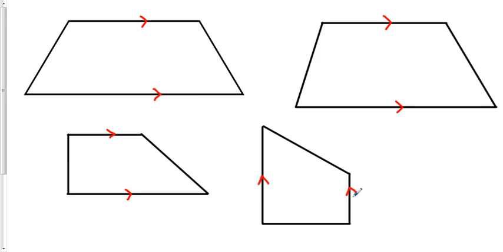So we then look at a formula that we're going to use in a little moment to work out the area of a trapezium, and that's based largely on the lengths of these parallel sides, and in the formula we call those A and B. In these first three examples, A and B are the sides moving horizontally, but in this last one, A and B are the vertical distances.